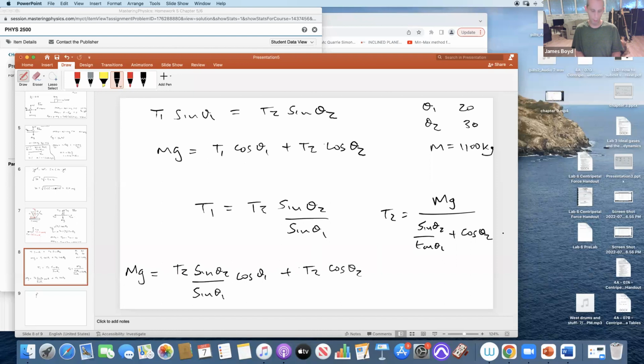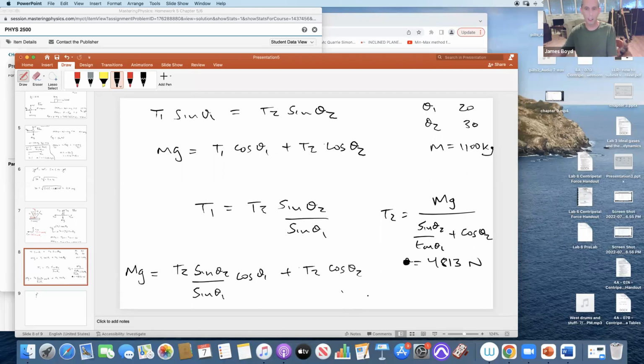Divided by sine of 30 divided by tan of 20 plus cosine of 30. And I get 4813 for my T2.